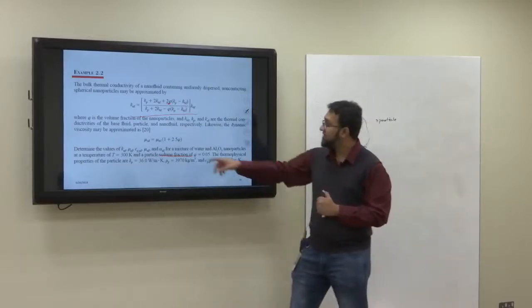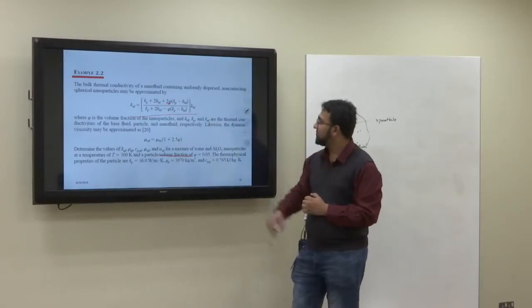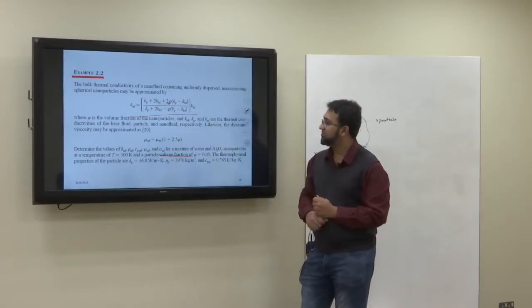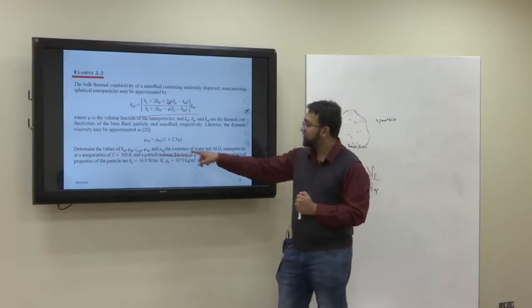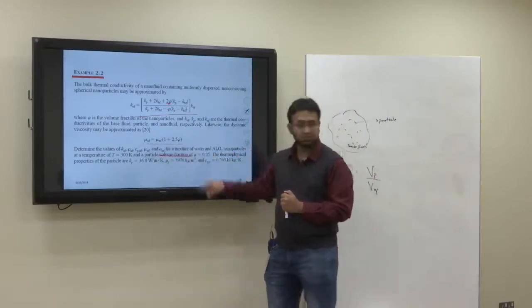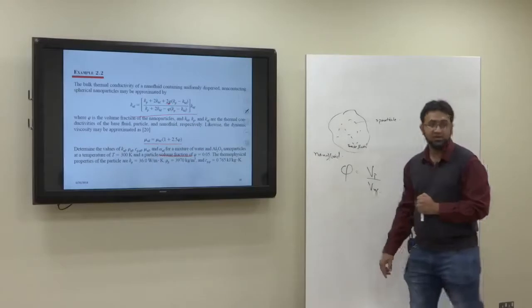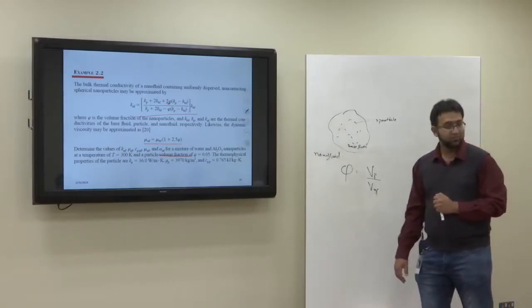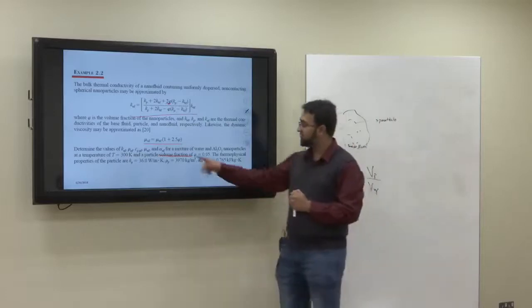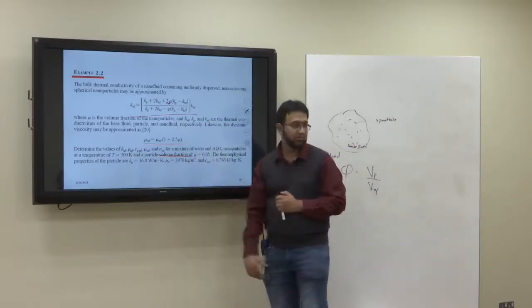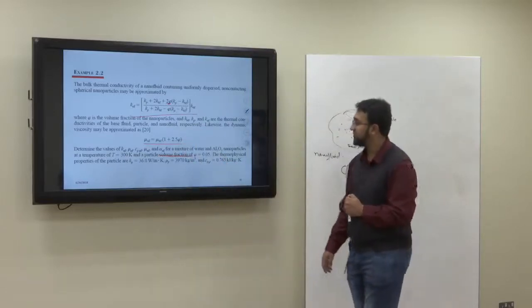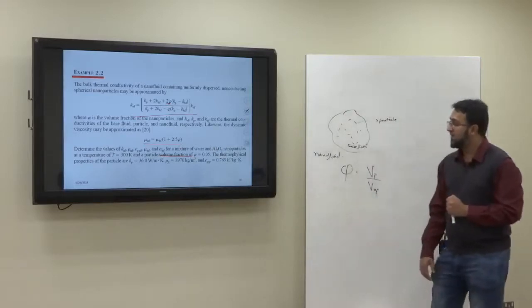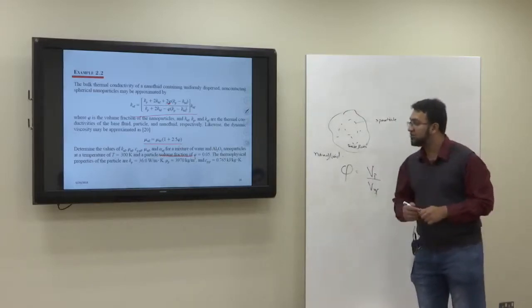Where phi is the volume fraction of nanoparticles, Kbf, Kp, and Knf are the thermal conductivities of base fluid, particle, and nanofluid respectively. Similarly, dynamic viscosity, mu nf, is determined by this formula: mu bf for the base fluid times 1 plus 2.5 phi. Determine the values of, now what do we need to determine?